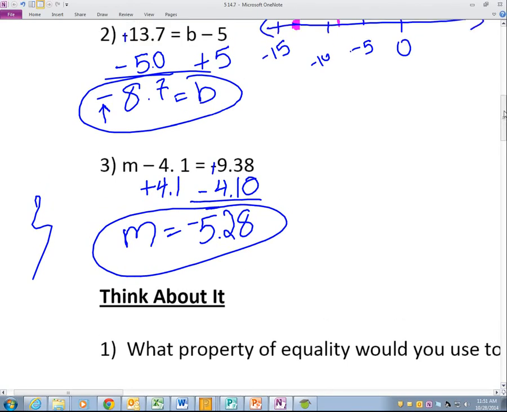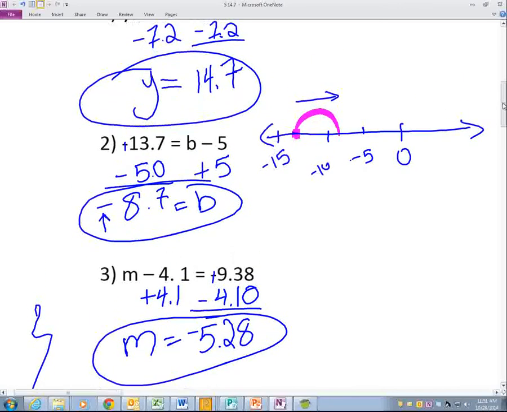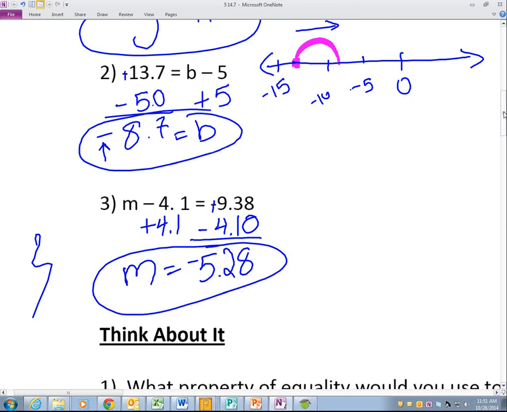I did 9.38 minus 4.10, I still got 5.10. If you subtracted 4.1 from negative 9.38, you would have negative 13.48.